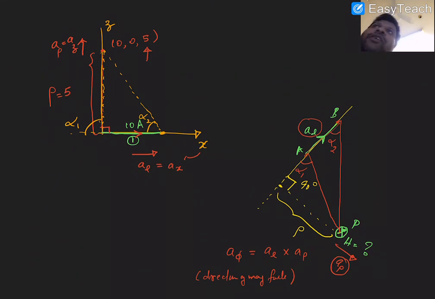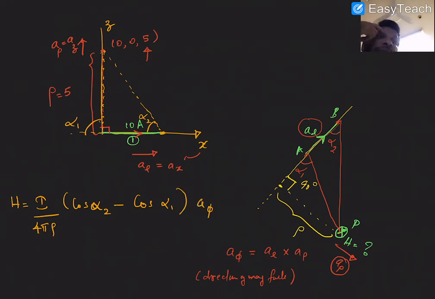The general formula for finding the magnetic field intensity is H is equal to I over 4 pi rho, into cosine of alpha 2 minus cosine of alpha 1. In this case, you also know the direction, it is a phi. So we will see the direction now.